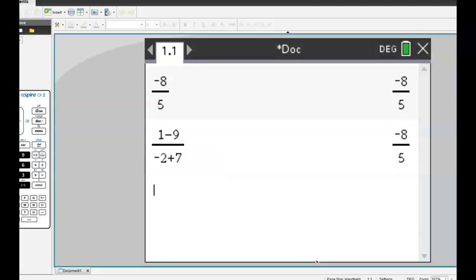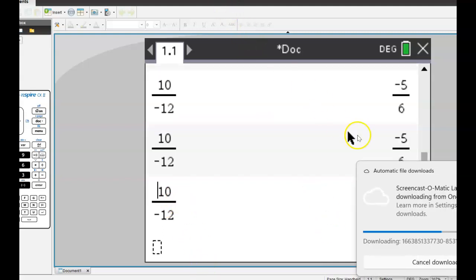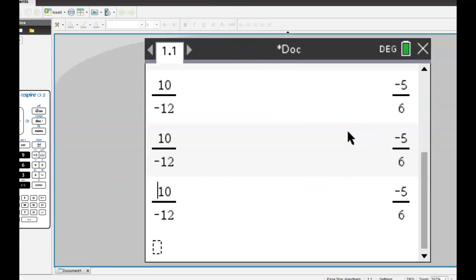Or you can use your calculator and say, okay, well, 10 over negative 12 will simplify to negative 5 over 6.